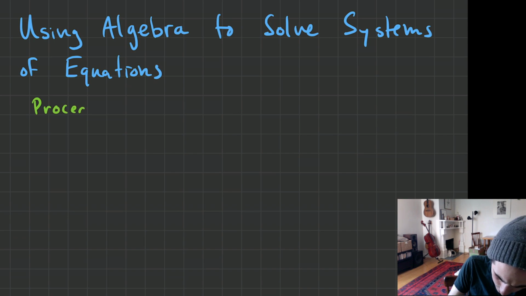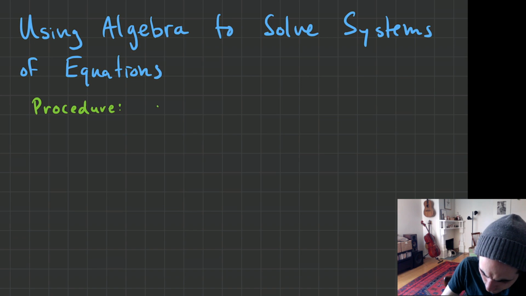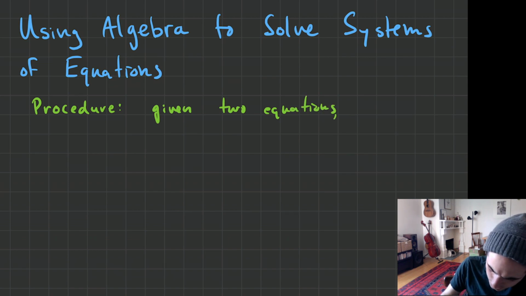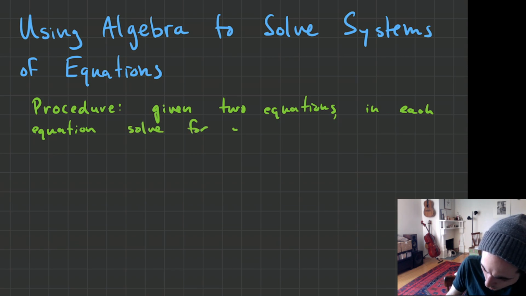So the procedure is the following. Given two equations, in each equation, what we need to do is solve for y.